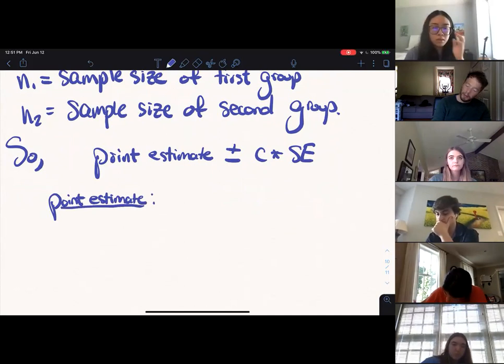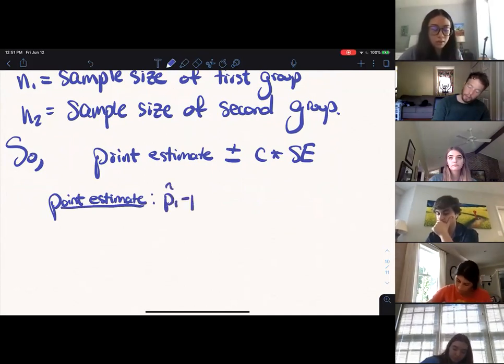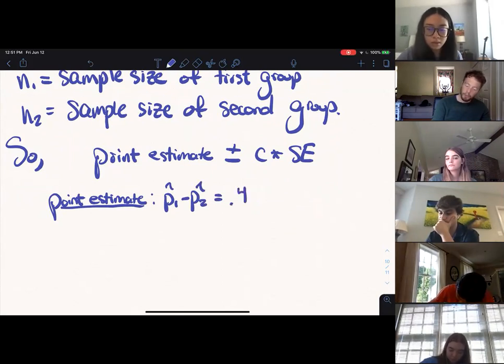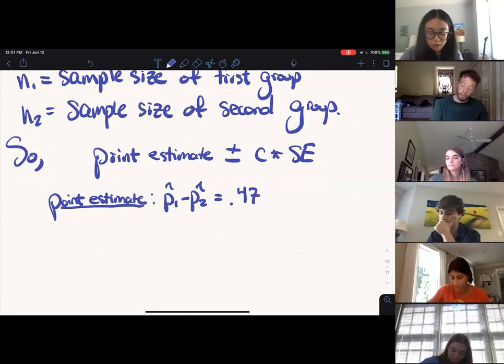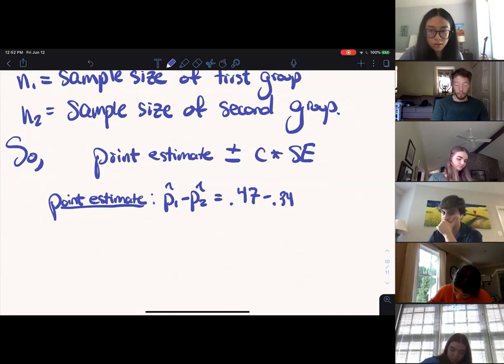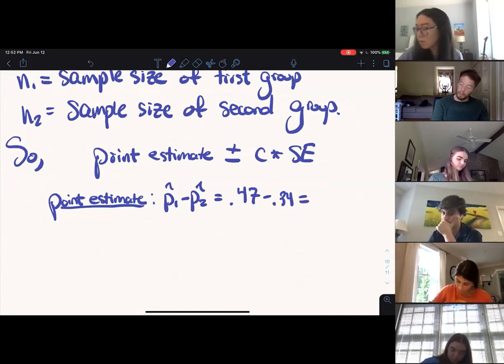The point estimate here is P1 hat minus P2 hat, which if you go back to our data table is just 0.47, the proportion we got from the sample from the first group, and 0.34, the proportion we got from the sample from the second group. So we're going to get a difference of 0.13.